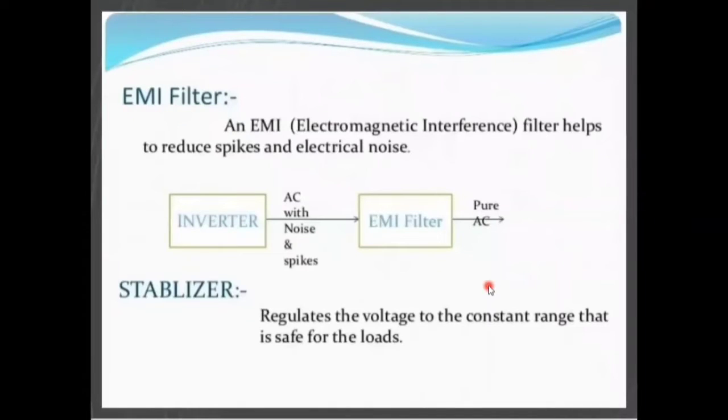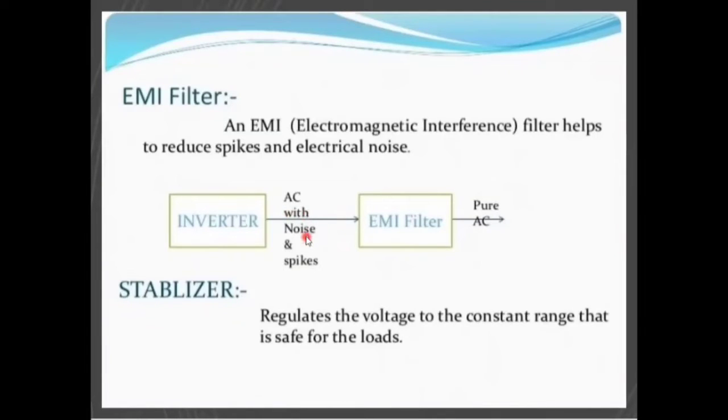Then the EMI filter or filter part. The filter part is most necessary here, for electromagnetic interference. That filter helps to reduce spikes and electrical noise. The inverter is connected to an EMI filter, that is electromagnetic interference.